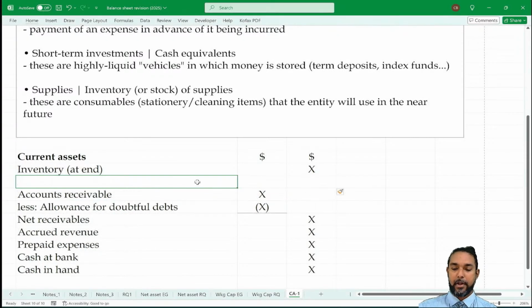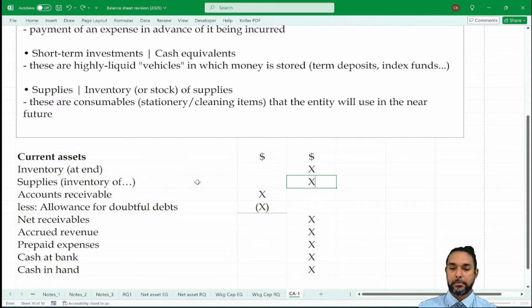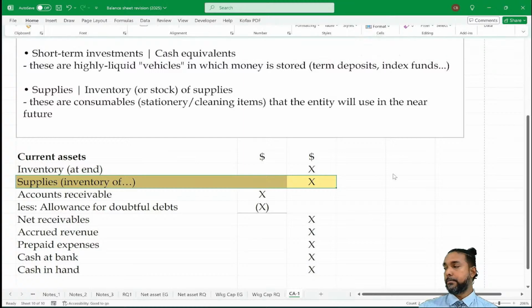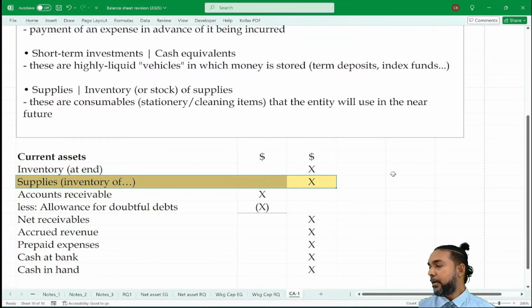All right, what I'll do, inventory of supplies, I'll put in a little bit of yellow because it could potentially go there or a bit lower down depending on what the supply is, right? So, for example, if it's a large quantity of supplies that's going to be used up over, let's say, 6 months, because some companies just buy in bulk.